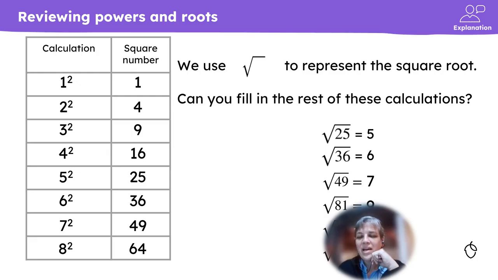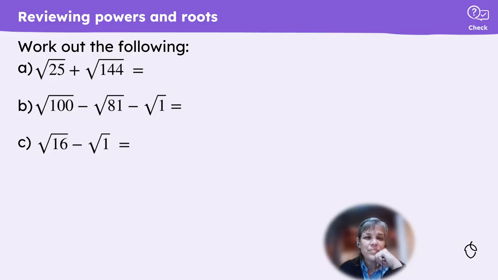Okay, here are some questions to try with roots, just to see if you recognize the common roots. If you've memorized the squares and the cubes, then you should start to recognize these roots. So this is reviewing again. Work out the following. You can pause the video and take a few minutes to try these ones.